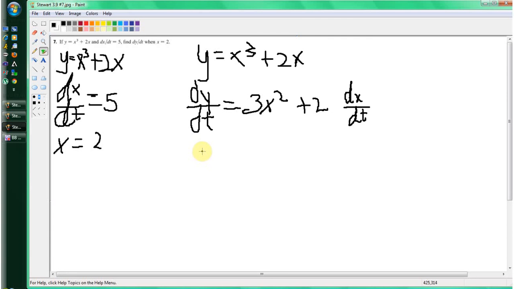So now we can plug in the 2 for where x is, and that would equal 3 times 2 squared plus 2.